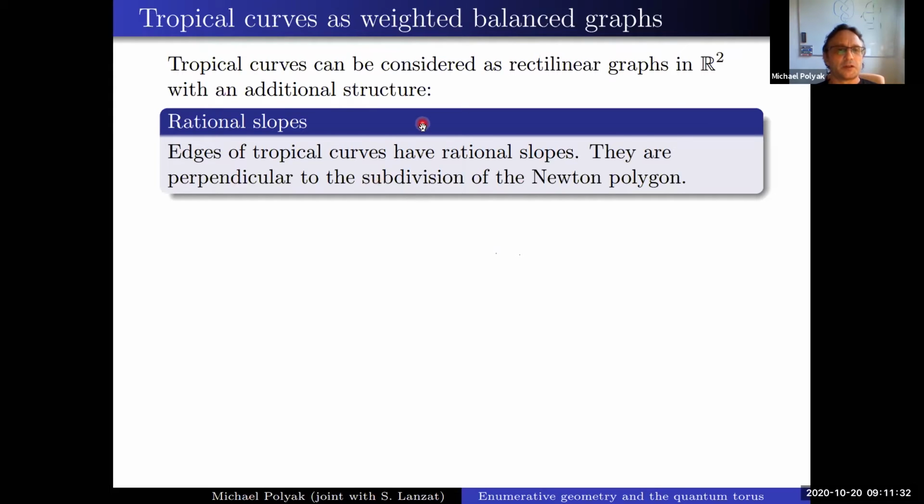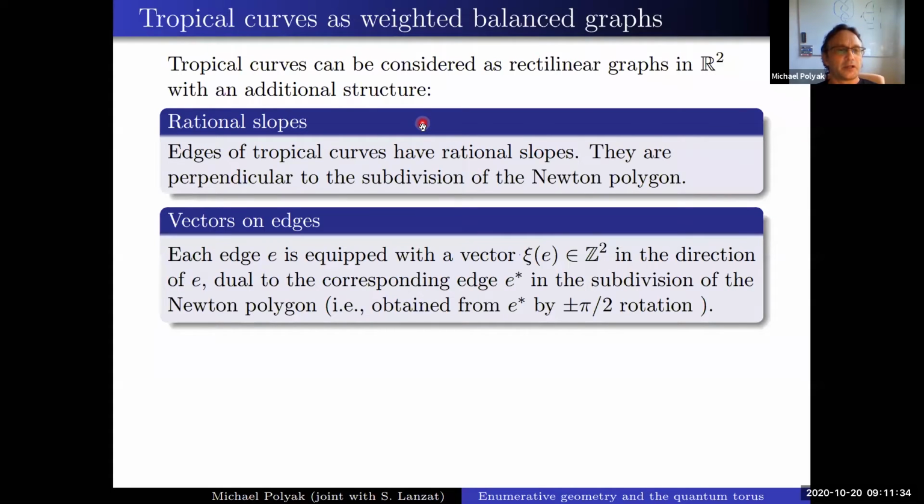The next thing is that on each edge, we do have a vector, certain vector assigned to this edge. This vector has integer coordinates. It goes in the direction of this edge. And it has, again, relation. It's related to the edge of the subdivision of the Newton polygon that is just obtained from it by rotation.